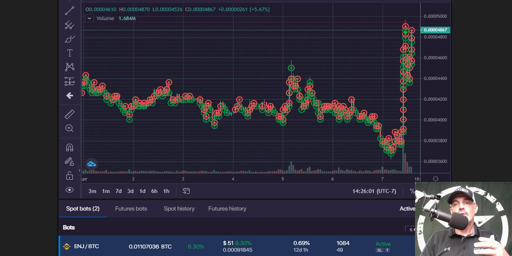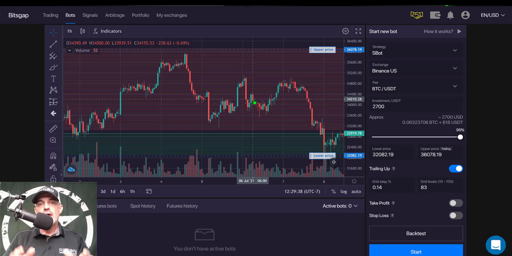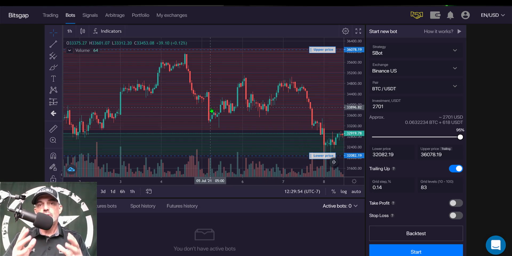Then when the price goes up, it begins hitting the red limit orders and starts selling at a higher price, thus taking profit. With that all being said, you do need to configure your grid's upper and lower limits, and there are better times to deploy a bot, and that's what we're going to look at. Bitcoin happens to be at what I would consider a prime time to configure and deploy a bot.